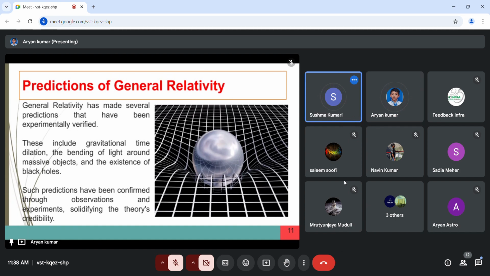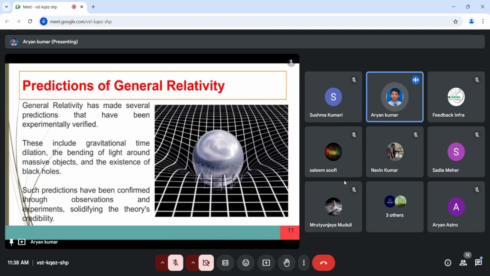Okay. So we were on the topic of predictions of general relativity. Gravitational phenomena: gravitational redshift. Light emitted from a source in a strong gravitational field is shifted towards the red end of the spectrum. Gravitational time dilation: time passes slower near objects due to their strong gravitational field. Gravitational lensing: the bending of light around massive objects such as galaxies and galaxy clusters.